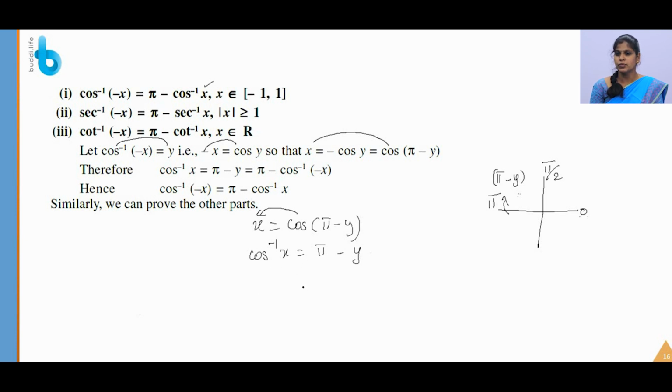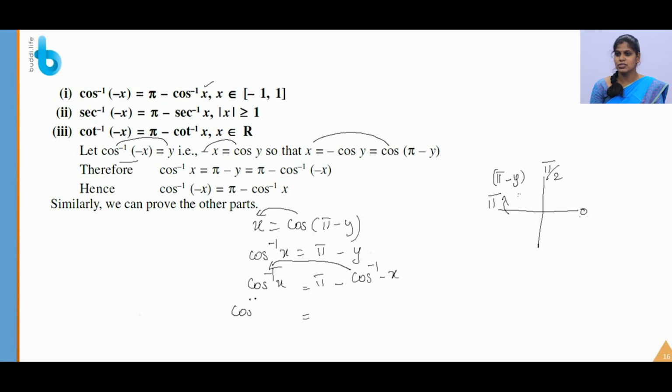Okay. Now, what is y? Y is cos inverse of minus x. Now, here we have cos inverse of x on this side. Now, on exchanging the terms on the left hand side and right hand side, let me take this cos inverse of minus x to the left hand side.